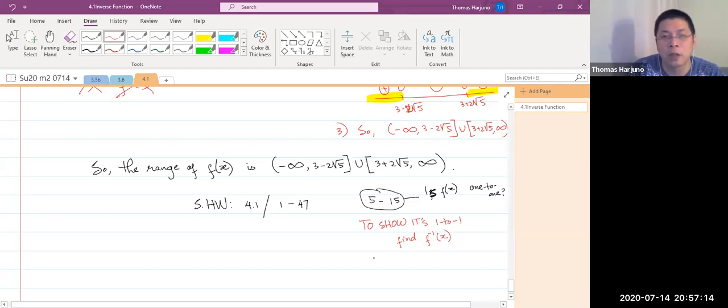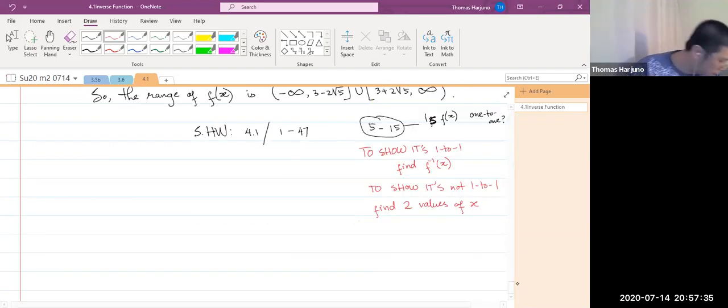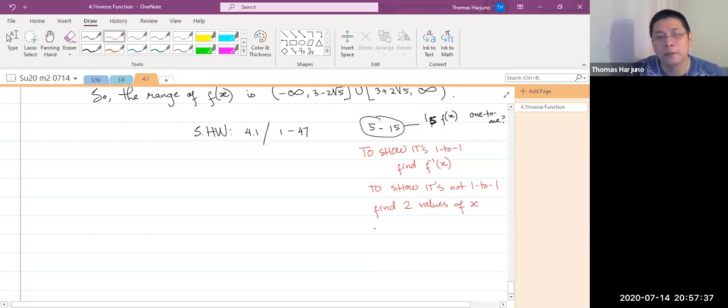Now, how to show it is not 1-to-1? You will find two different values of x that give the same y.